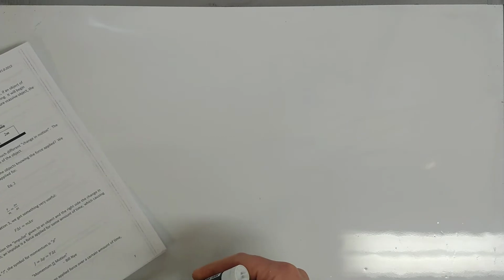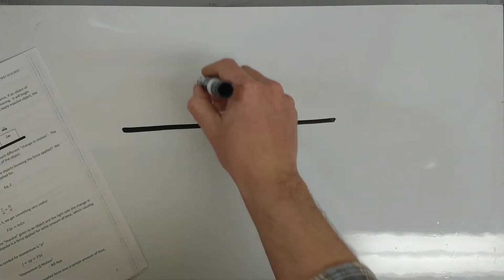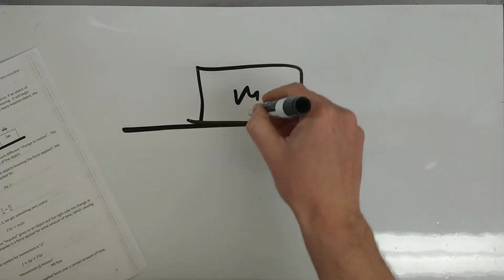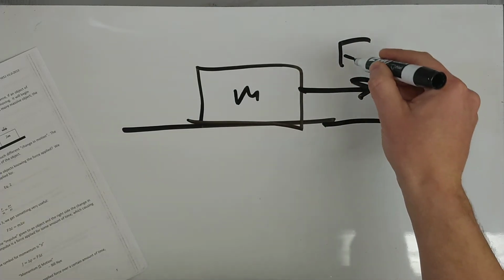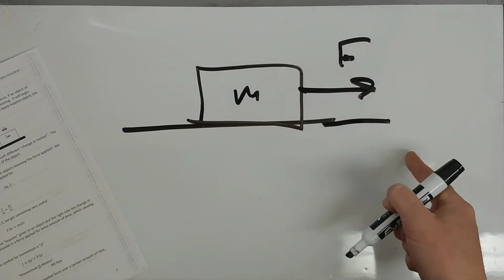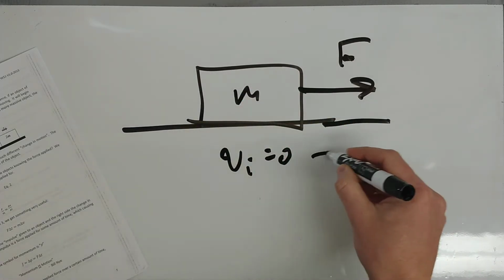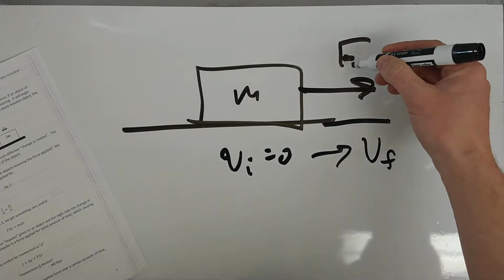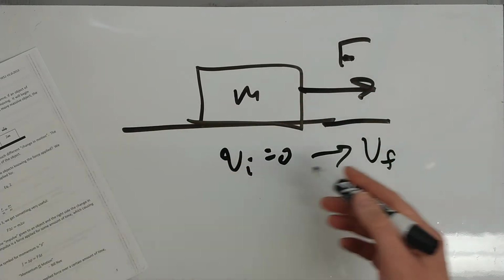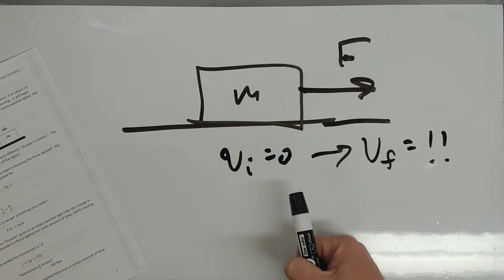So when we give something a push or a pull, apply a force to it, that causes the object to change its motion. If it starts from rest, V initial equals 0, it'll gain a velocity. If we apply a net force to it, an unbalanced force, let's say this is frictionless, Vf equals something big and positive.